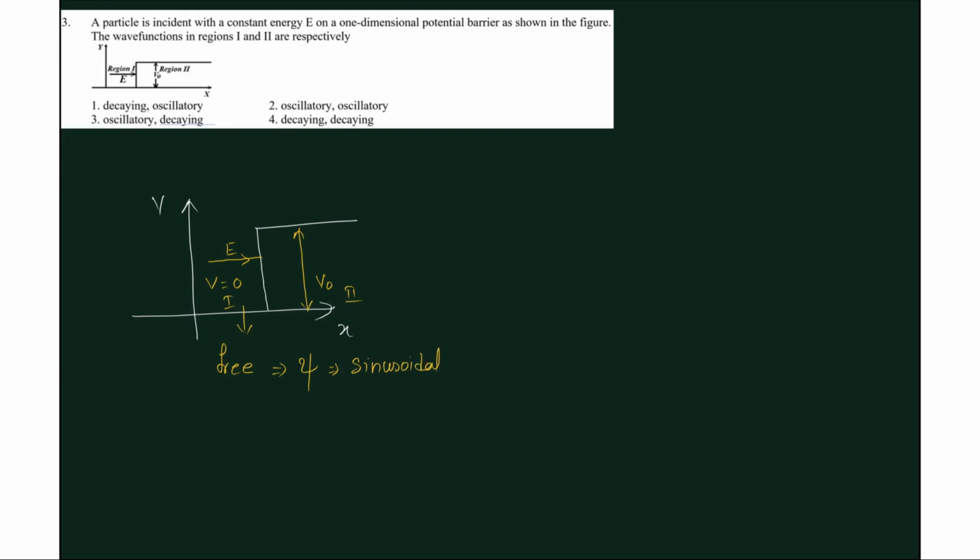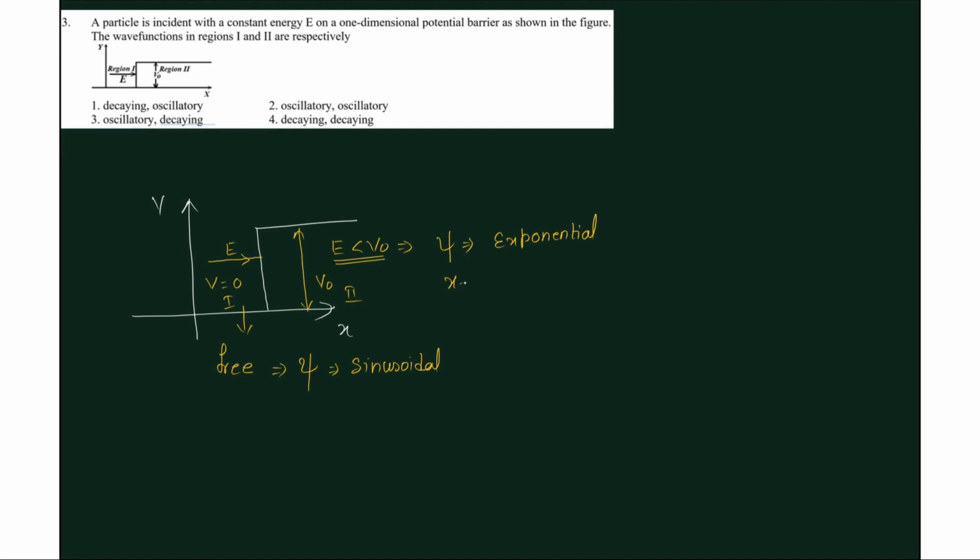And in region 2 the potential is V naught, but the energy of the particle is less than V naught. Whenever the energy of the particle is less than V naught, the solution psi is exponential. Exponential means you will have growth and decay, but this is the right side.